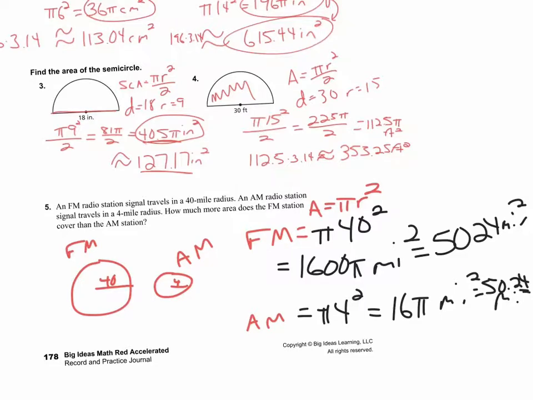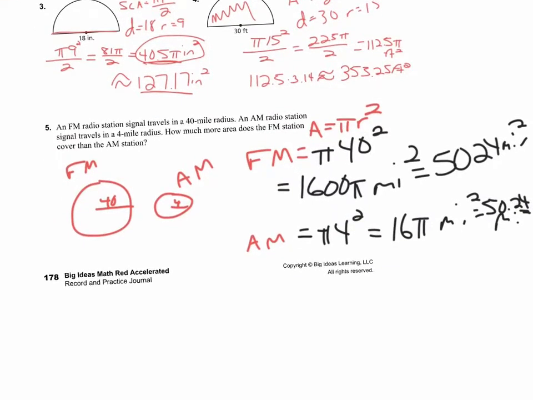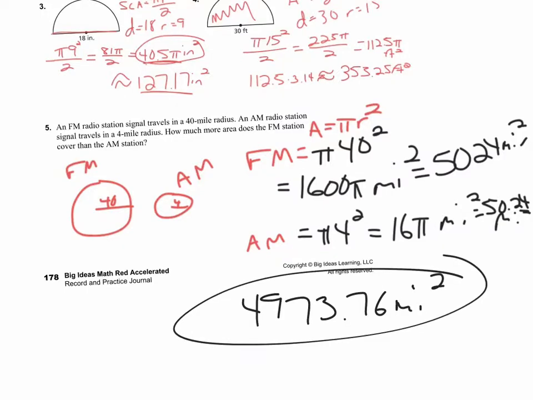Since it's asking how much more area the FM covers than the AM, I'm going to take 5,024 minus 50.24, and you end up with 4,973.76 miles squared more. So that's how many more miles that FM reaches than AM does. Alright, that is 8.3.